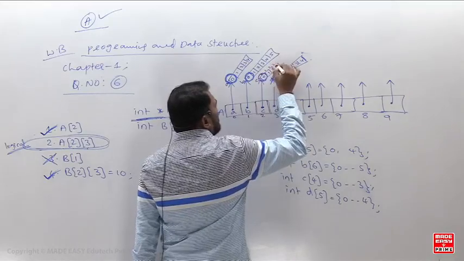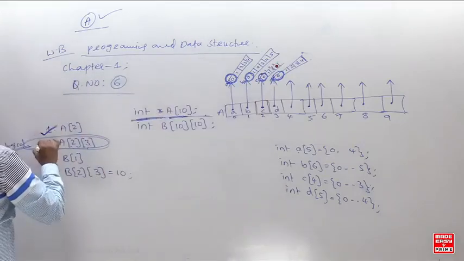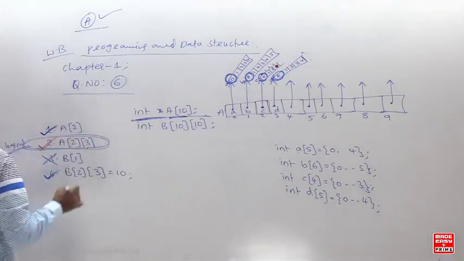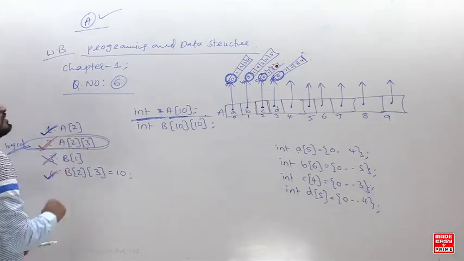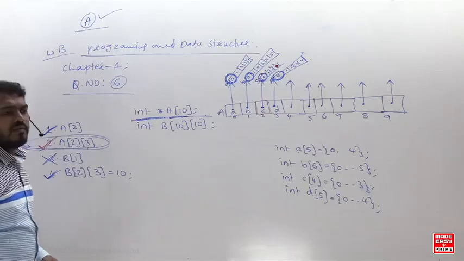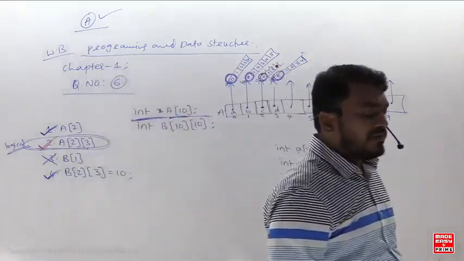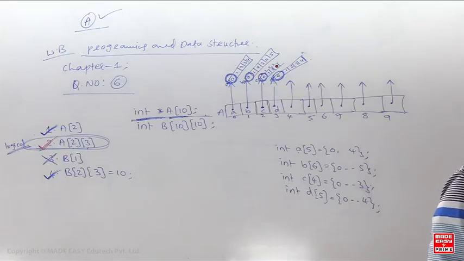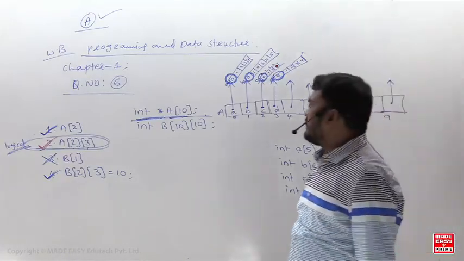So this declaration is also allowed. In the left hand side you are trying to modify, you are trying to update something, so there is no problem. And moreover, at compile time, definitely there is no error.